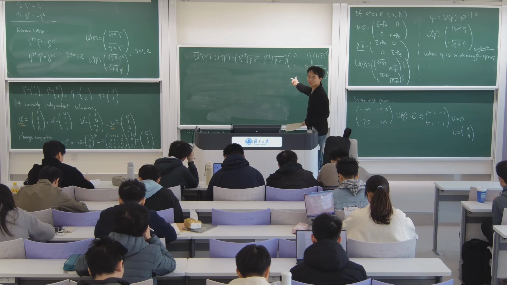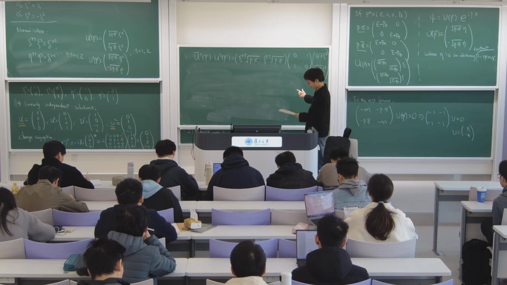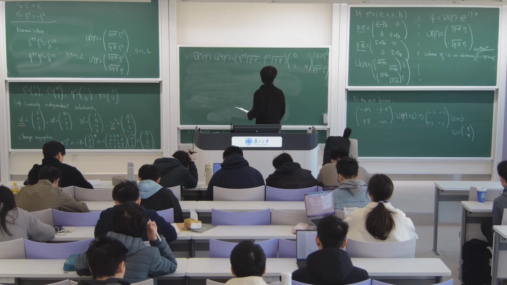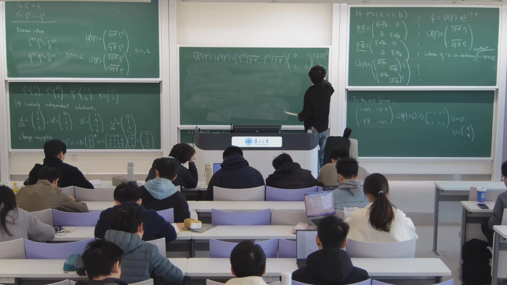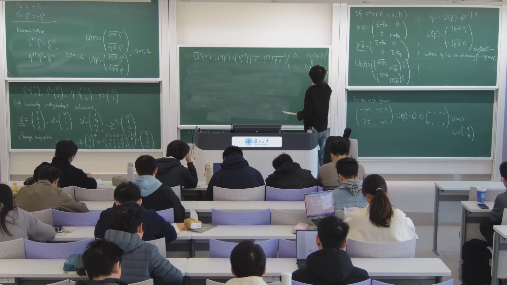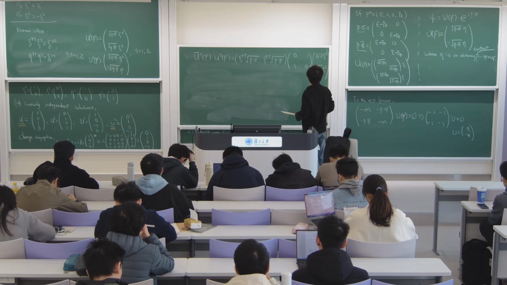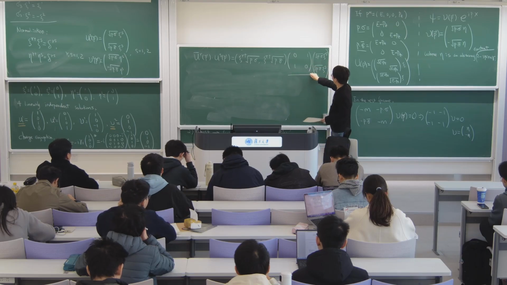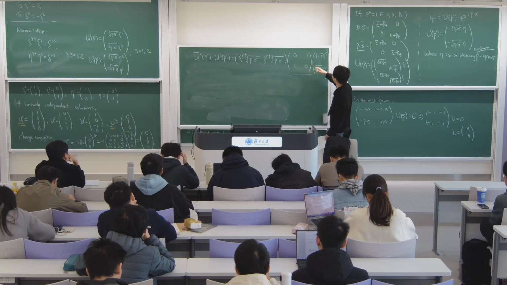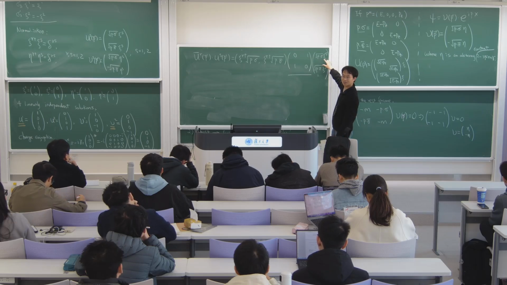You can directly compute this one, okay? In particular, for example, you multiply this with this one. You actually multiply with this matrix, then it exchanges the upper and lower components, okay?